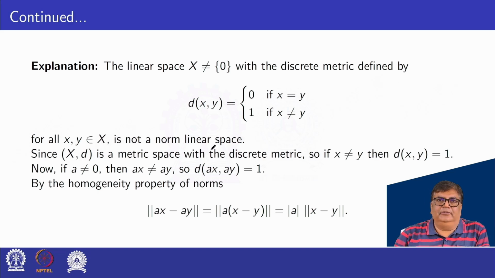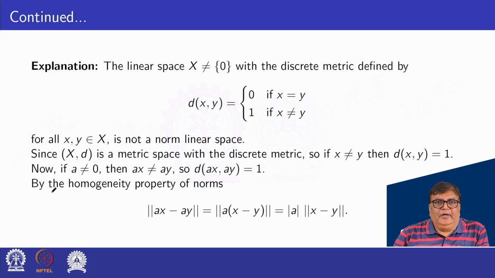This is not a normed linear space. Since (X, d) is a metric space with the discrete metric, if x is not equal to y, then d(x, y) is equal to 1. Now if a is not equal to 0, then ax is not equal to ay, so d(ax, ay) is equal to 1.